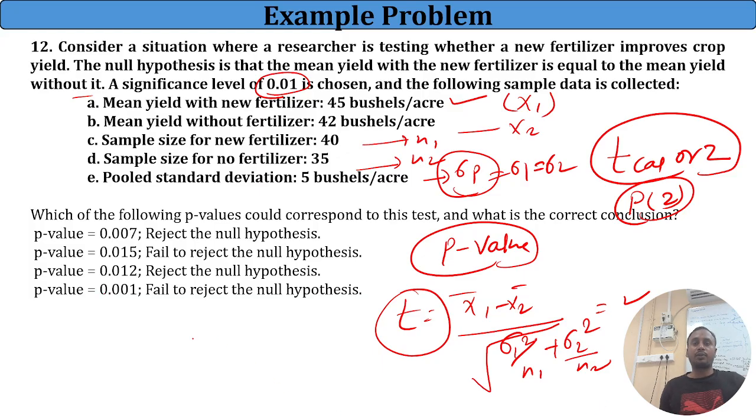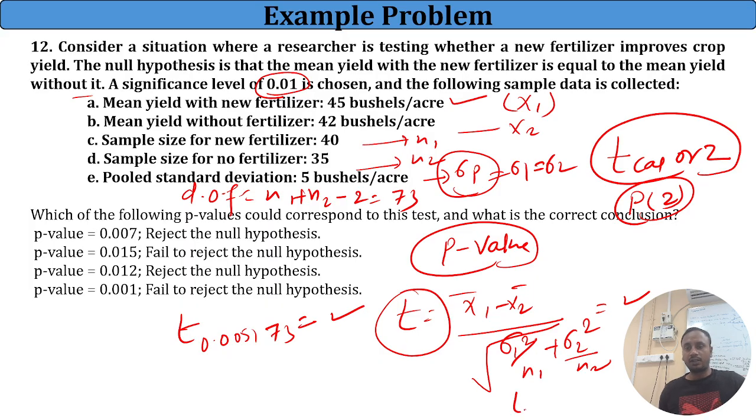First we have to find the degrees of freedom: 40 plus 35 is 75, and the degree of freedom becomes n1 plus n2 minus 2, so it becomes 73. So from the table at 0.005 for 73, it will give some value.